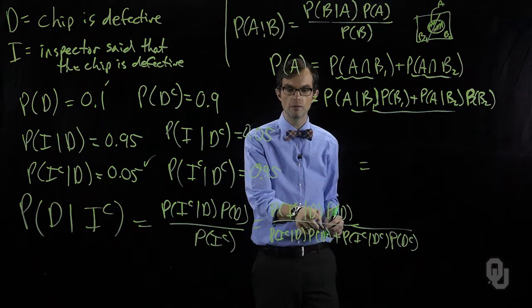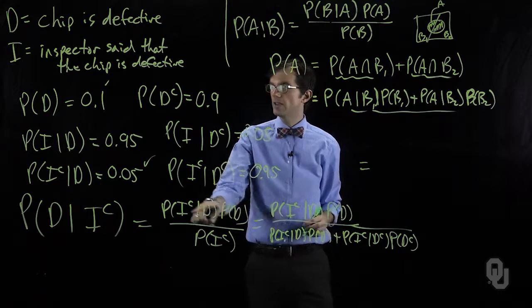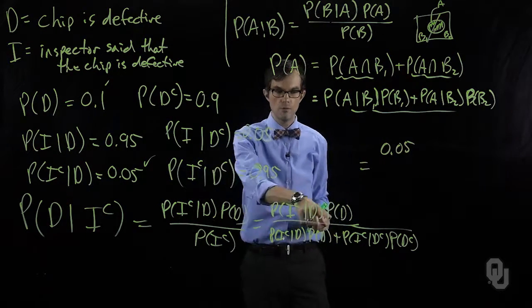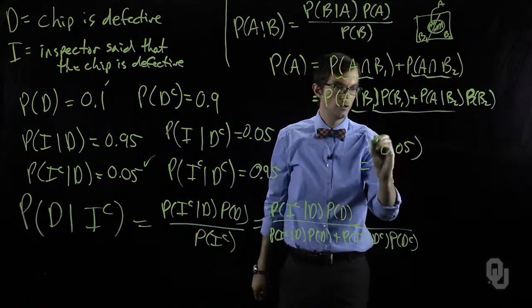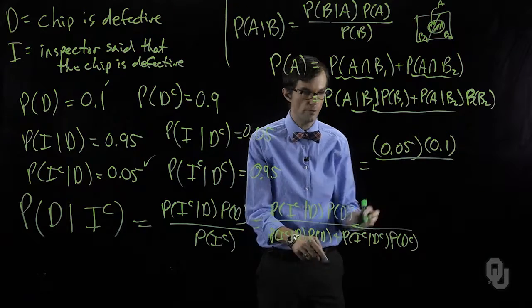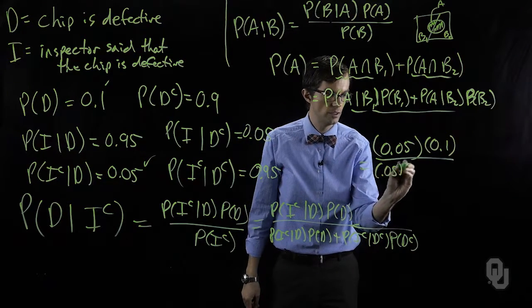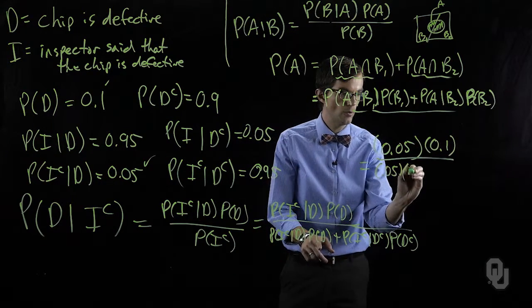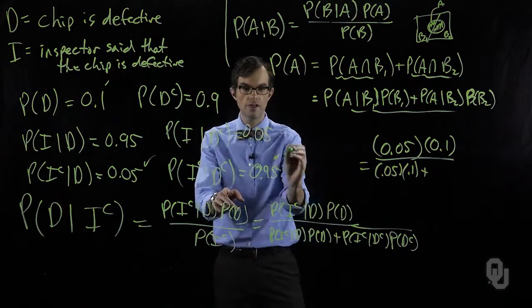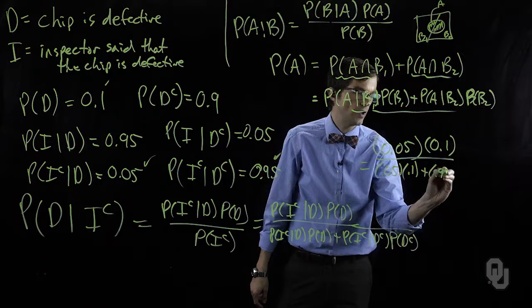Let's do the numerator. I complement given D, 0.05. Probability of D, 0.1. Divided by I complement given D, 0.05. Probability of D, 0.1. Plus the probability of I complement given D complement. That's here. That's 0.95.